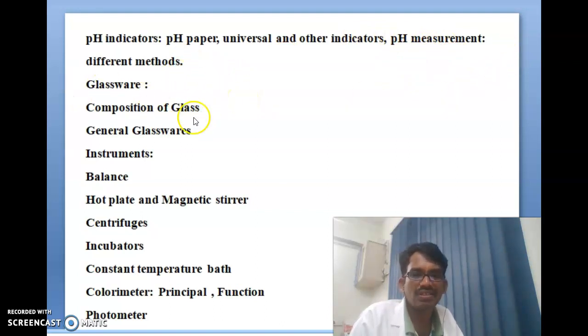Also glasswares, the composition of glass, and general glasswares. Some instruments you can learn: the balance and how to take weight, hot plate and magnetic stirrers, centrifuge, incubator, constant temperature bath, and colorimeter, with its principle and how it works.